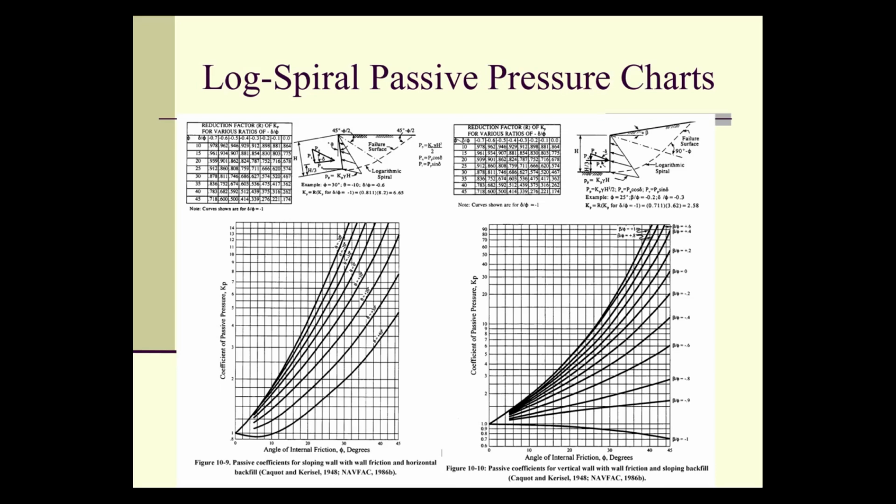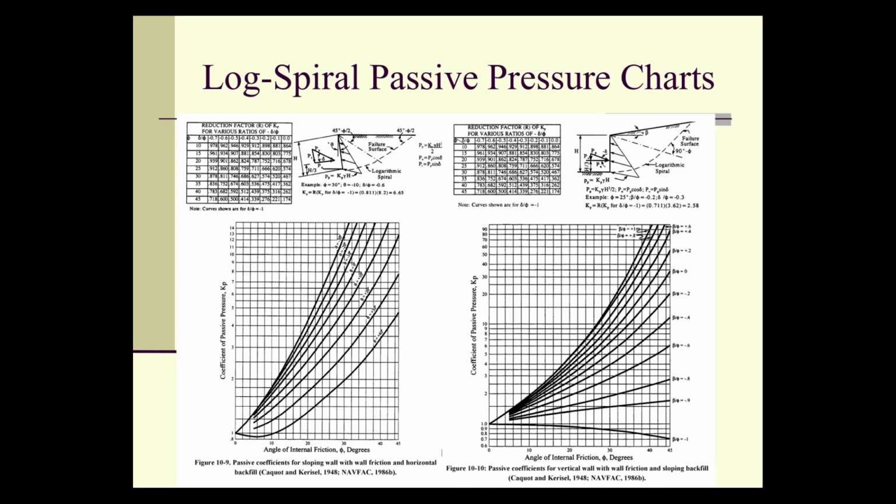The chart on the right assumes the wall is vertical, but the backfill isn't. So you're dealing with 2 different cases. The 2 charts should meet in their results when you've got level backfill and a vertical wall, theta equal to 0.